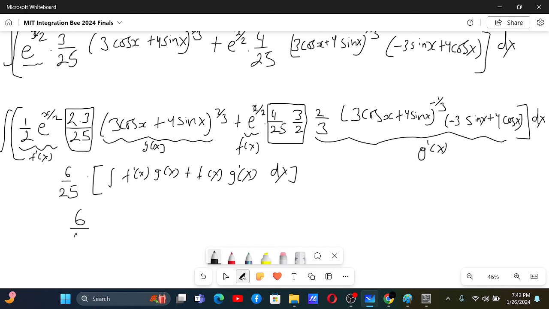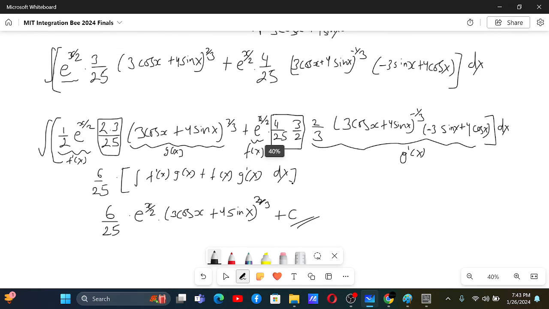So we have 6 by 25 times f of x, which is e to the power x by 2, and g of x, which is 3 cos x plus 4 sin x to the power 2 by 3. And don't forget the plus c after the integration, and this is the solution.